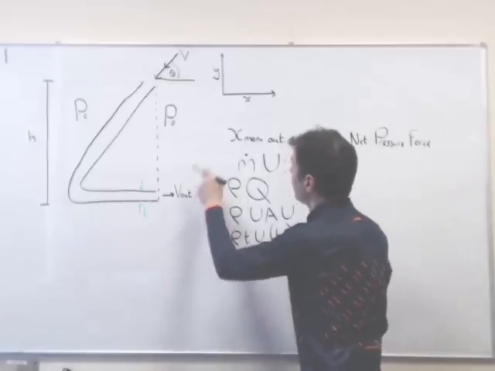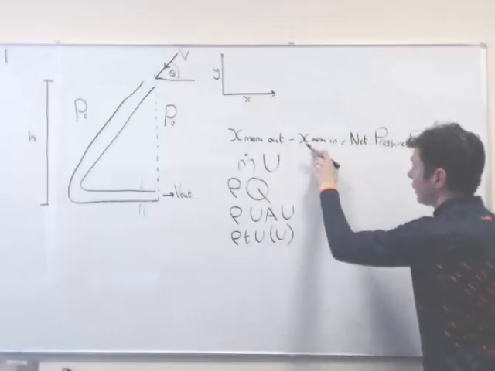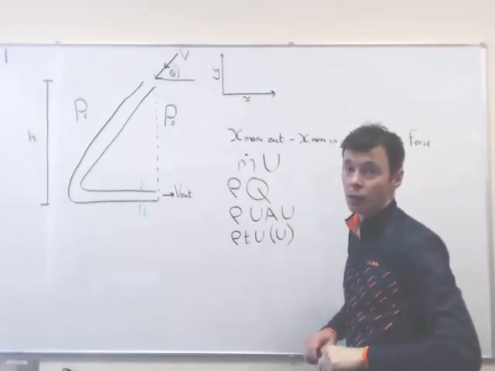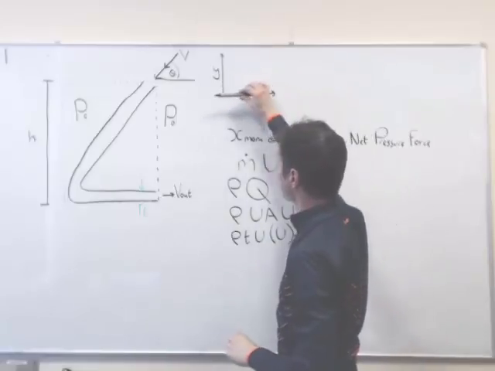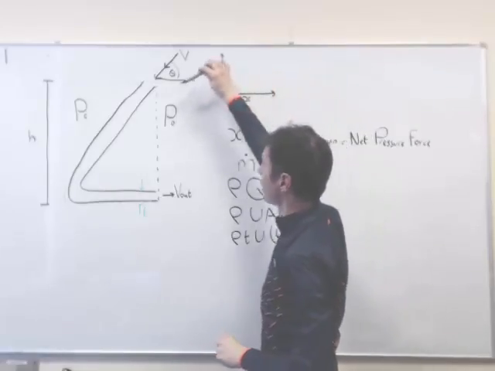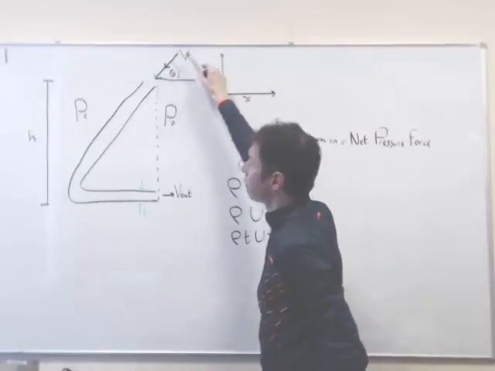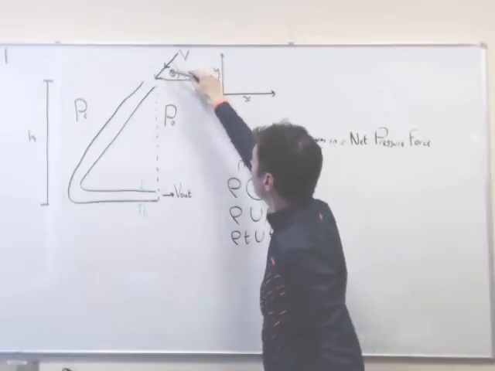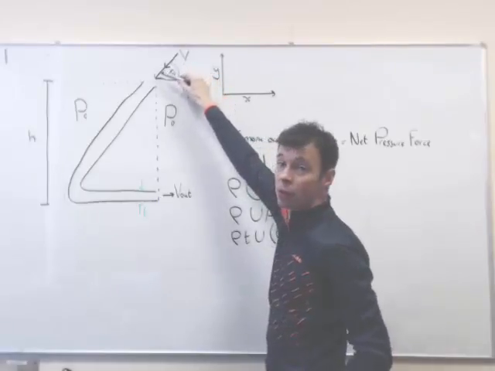Very easy to do. It's all positive. It's all in the x direction. The x momentum in is slightly different. You can see that it's the component we're looking for, so we're working it out in the x direction. So it's got a negative sign. There's the magnitude of the velocity coming in. We take the cosine of the angle equal to the adjacent over the hypotenuse, and it's a negative.